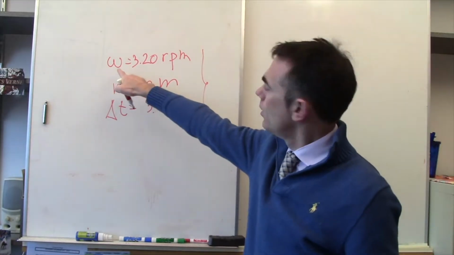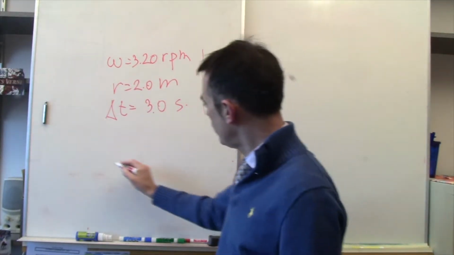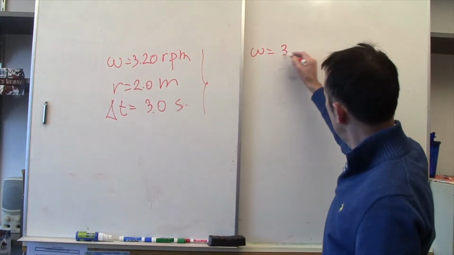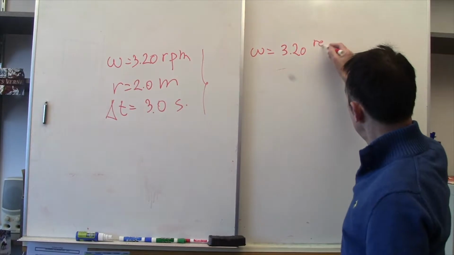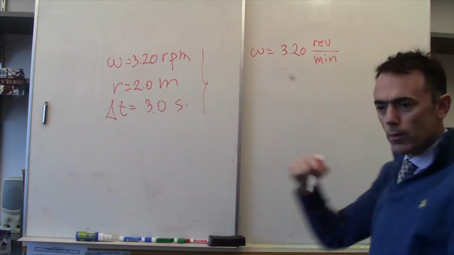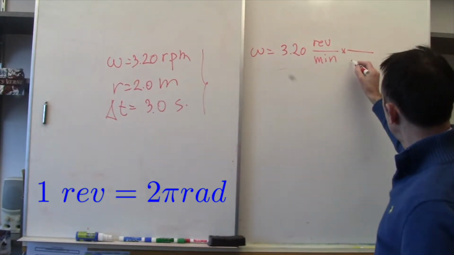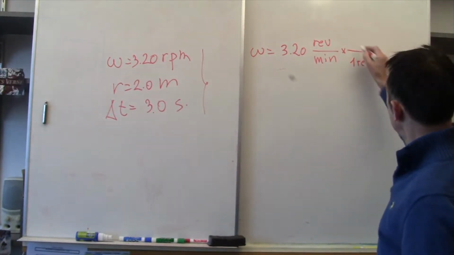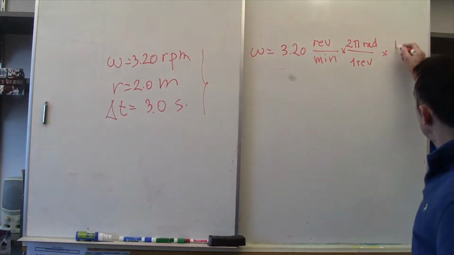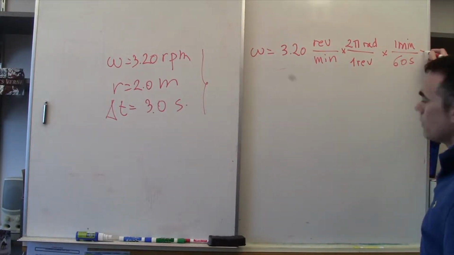So in order to go from revolutions per minute to radians per second, we know that omega is 3.20 revolutions divided by a minute. Then we know that 1 revolution is 2 pi radians, so we do this conversion factor, and 1 minute is 60 seconds.